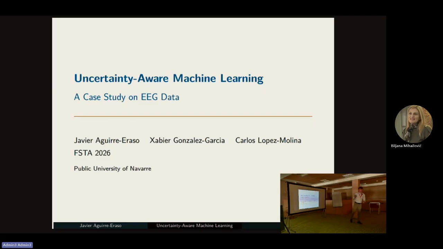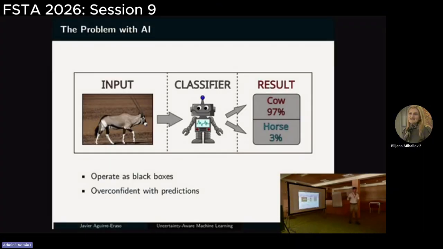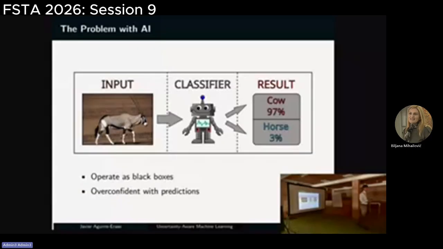So first, where does this come from? Well, we've all seen very powerful models that perform very well in some task. For example, taking a picture of a cow or a horse and predicting whether it's a cow or a horse.